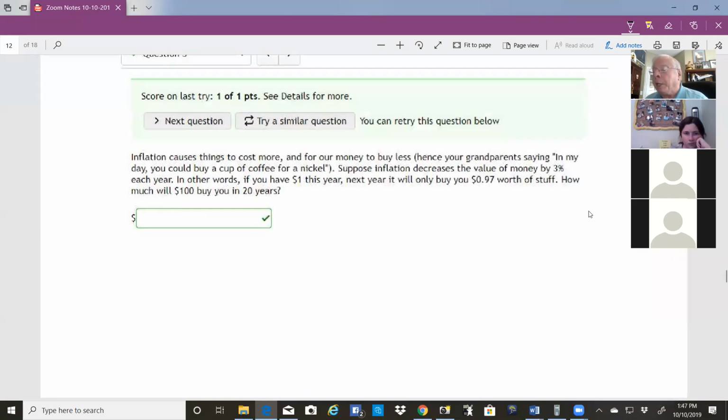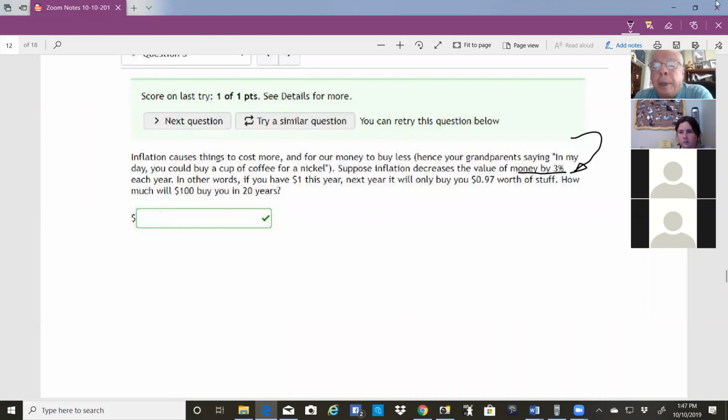Okay, things can go down as well as go up. So you've heard of inflation can cause the value of money to decrease. We're talking about a situation here in which the inflation rate is 3% each year.